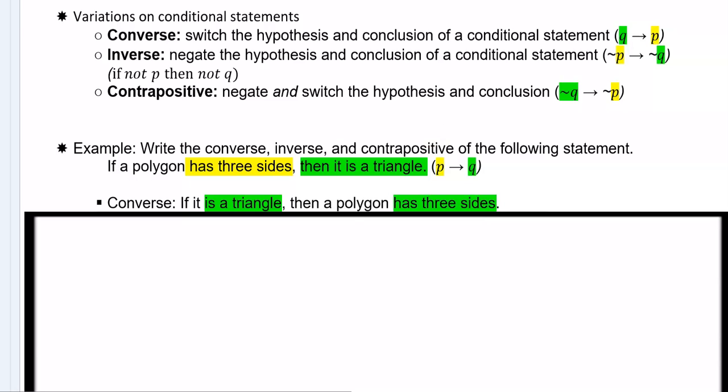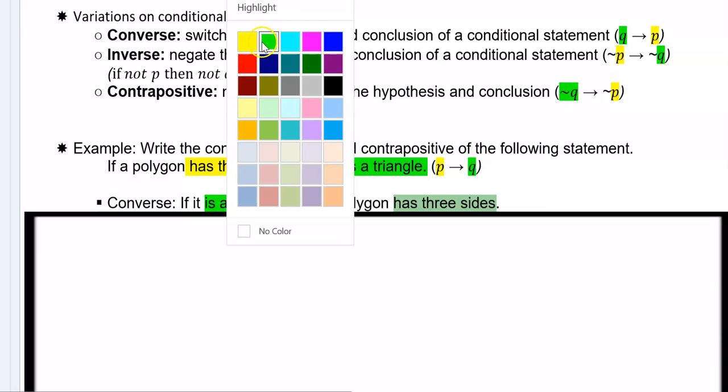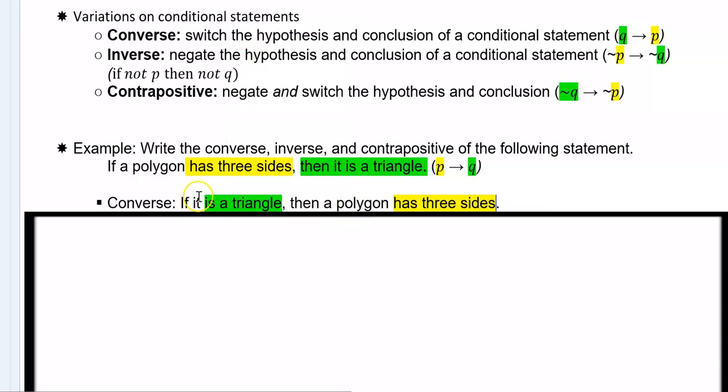But something about this sentence doesn't make perfect sense. It's weird in the English language to start a sentence with if it. Normally we would put a more specific noun there so that people know what your sentence is about. So what we could do is say if a polygon is a triangle, then it has 3 sides.